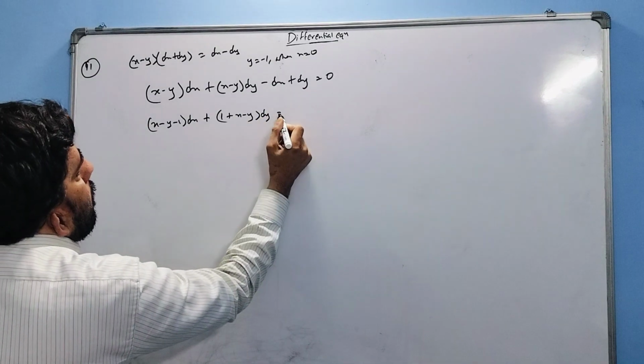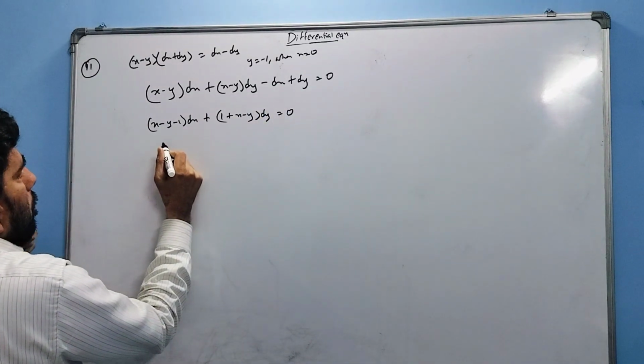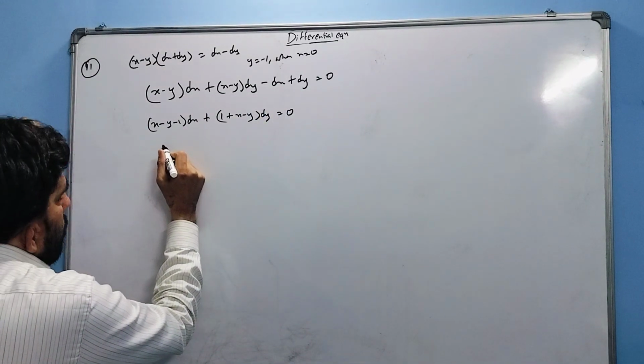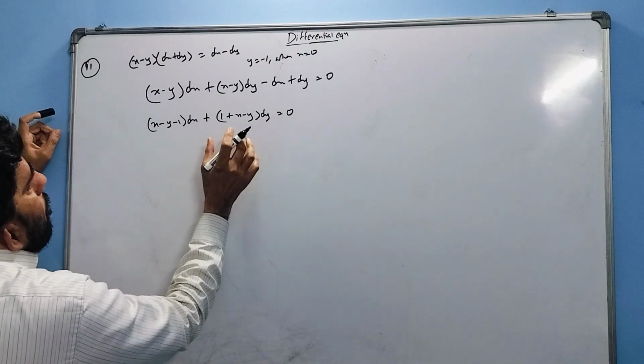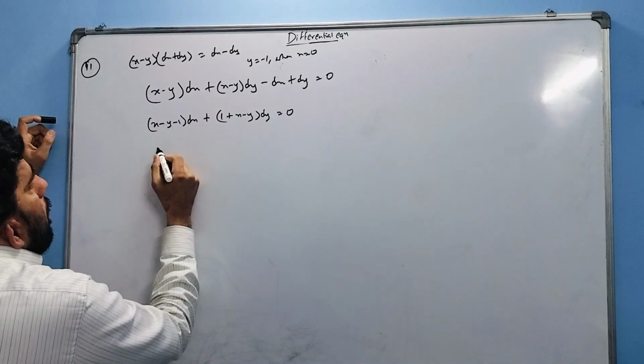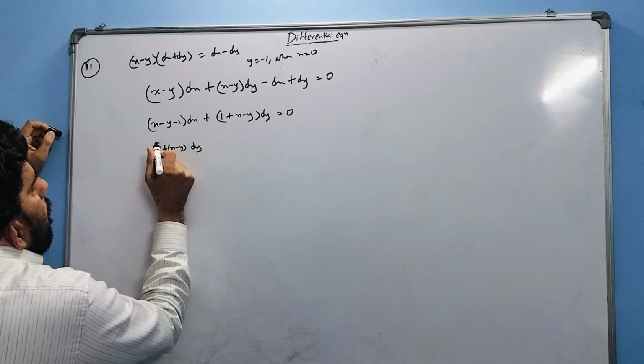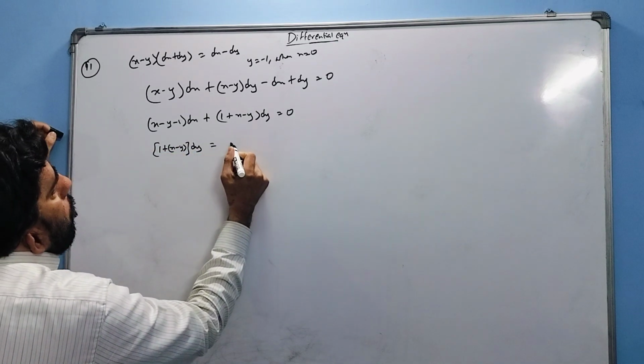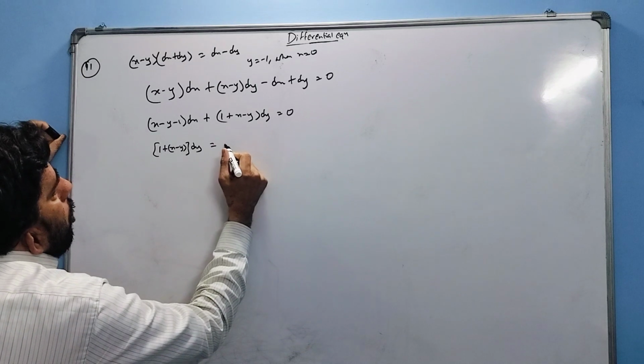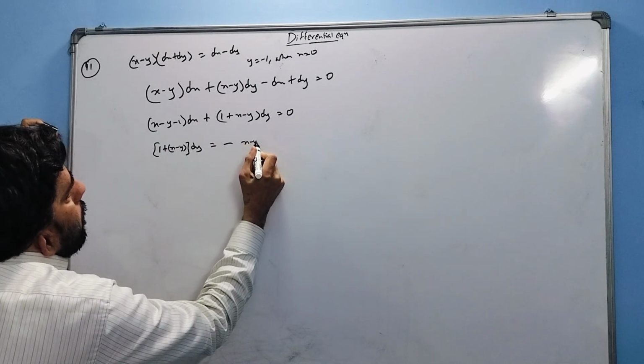Now what I can do here, in a very simple way, is take that side: 1 plus x minus y dy is equal to minus of x minus y minus 1 dx.